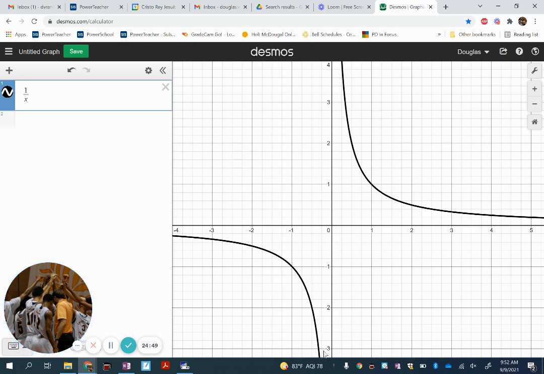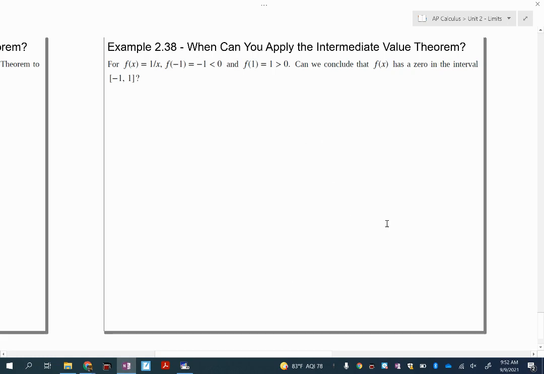This side is approaching negative infinity, and this side is approaching positive infinity. So it is discontinuous across that interval. It has an infinite discontinuity at 0, so it is not continuous. Even though you think, oh, that sounds good, we should be able to find a 0, you must make sure that your function is continuous over the interval you're looking at. Since it is discontinuous in that interval, you cannot use the intermediate value theorem to conclude this.